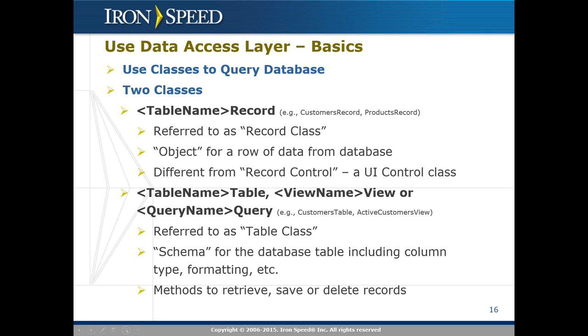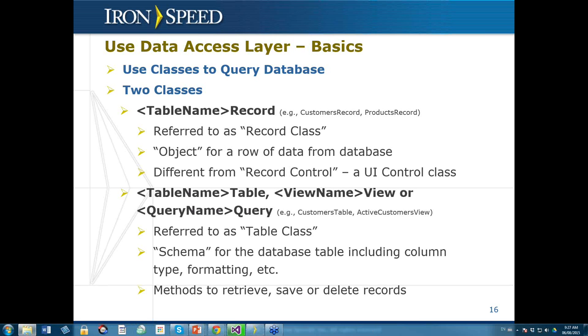And of course, the same thing, as I said, in terms of the naming, it's the table name followed by the word table. The view name followed by the word view. Or query, which you don't see as much anymore. And that's the way IronSpeed is going to name everything. You'll note that when you look at an IronSpeed application, for example, if you go and look at the folder, I'm going to bring up one here.